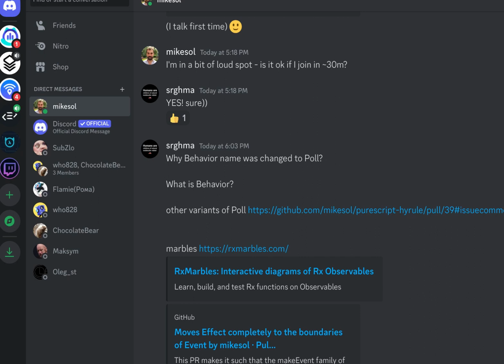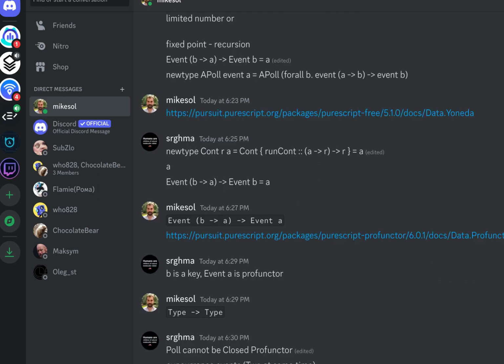For example, there are primitives like sample on left and sample on right. Events have two notions of time, which is really tricky. The first notion of time is clock time. For example, there could be one event at 5 p.m. and another event at 6 p.m. Events happen in time.